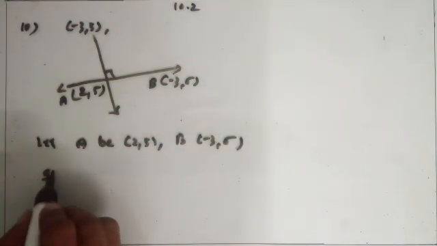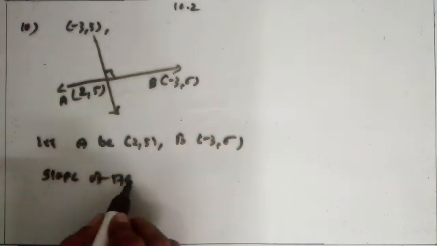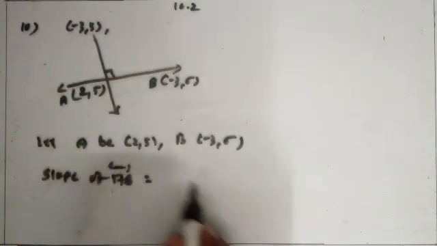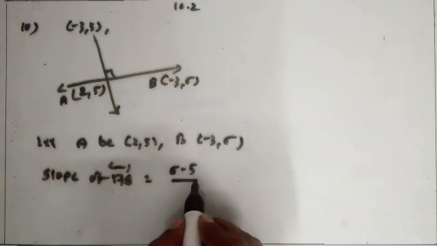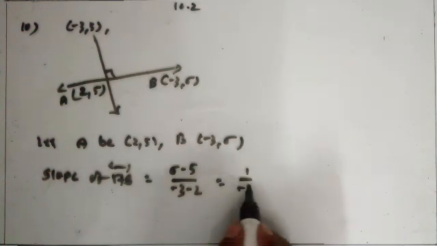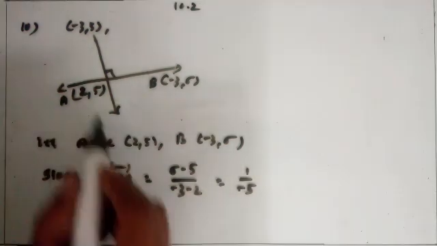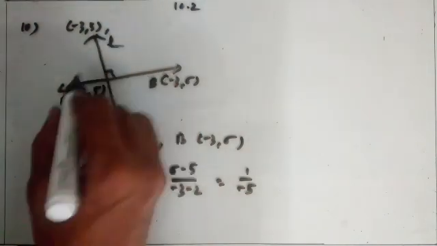So the slope of line AB is equal to (6 - 5) upon (-3 - 2), which is 1 upon -5. Here the required line is perpendicular to the given line AB.